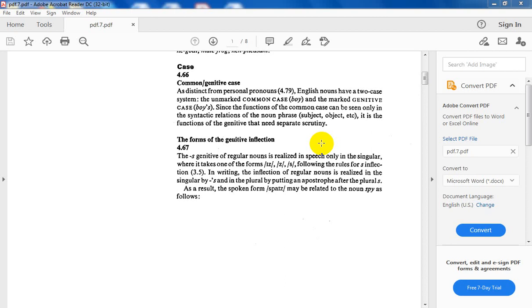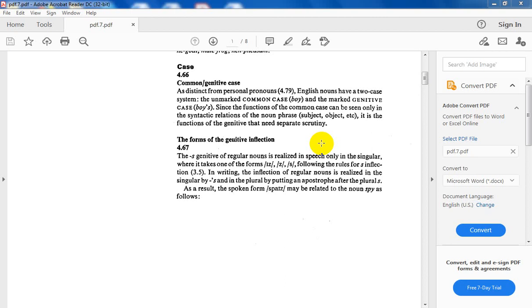Up to this point it is S genitive, not S possessive. Since the functions of the common case can be seen only in the syntactic relation of the noun phrase, subject, object, it is the function of the genitive that needs separate scrutiny.